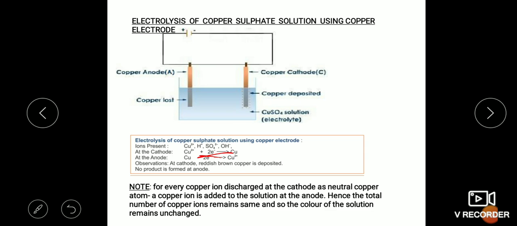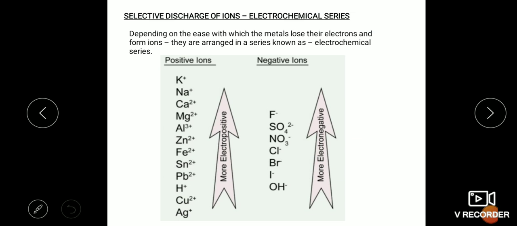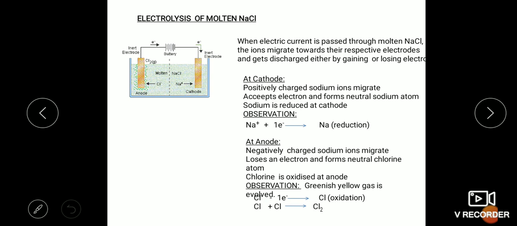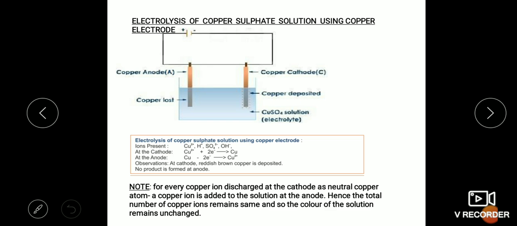The second reaction, as given, is Cu minus 2 electrons gives Cu2+ ion.